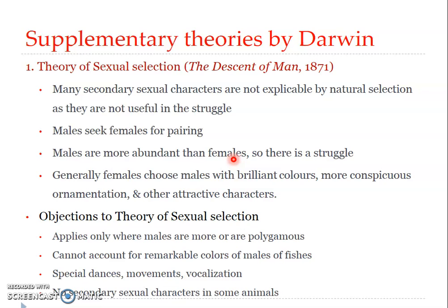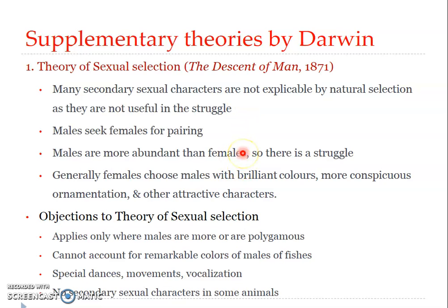Similarly, in sexual selection, females prefer only those males which have more attractive features. So as per Darwin, competition for mating, under the force of which secondary sexual characters develop, is the selective device for choosing mates. Okay, so all this is based upon these assumptions.